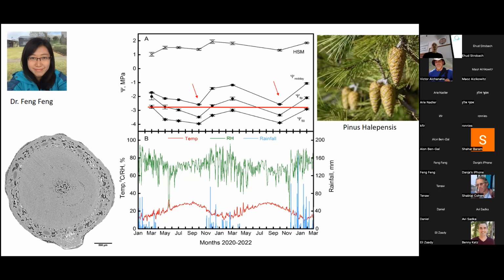And another question, if I remember correctly, you said that rehydration doesn't happen. Is it possible to rehydrate the xylem? It's a question under debate. People thought that it's possible. Most recent studies suggest that most of these conclusions were made by artifacts. There's very little evidence to support quick xylem refilling.